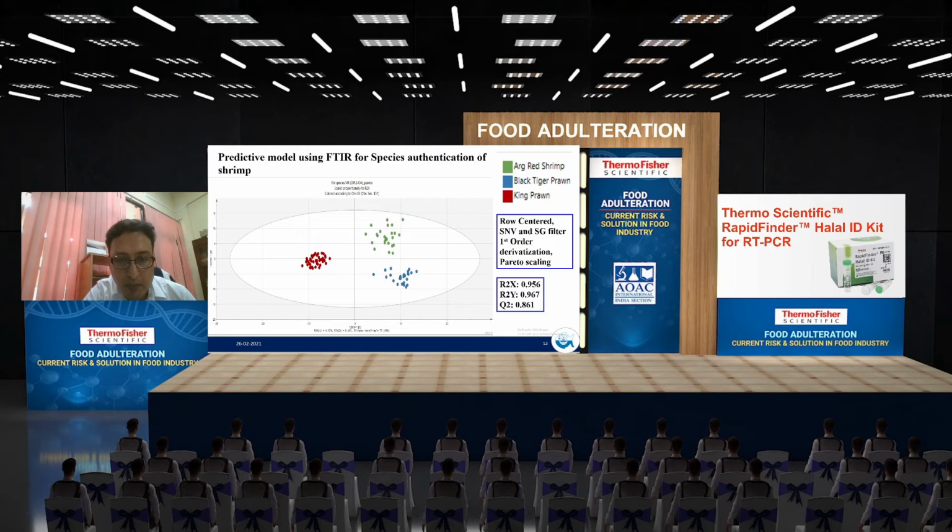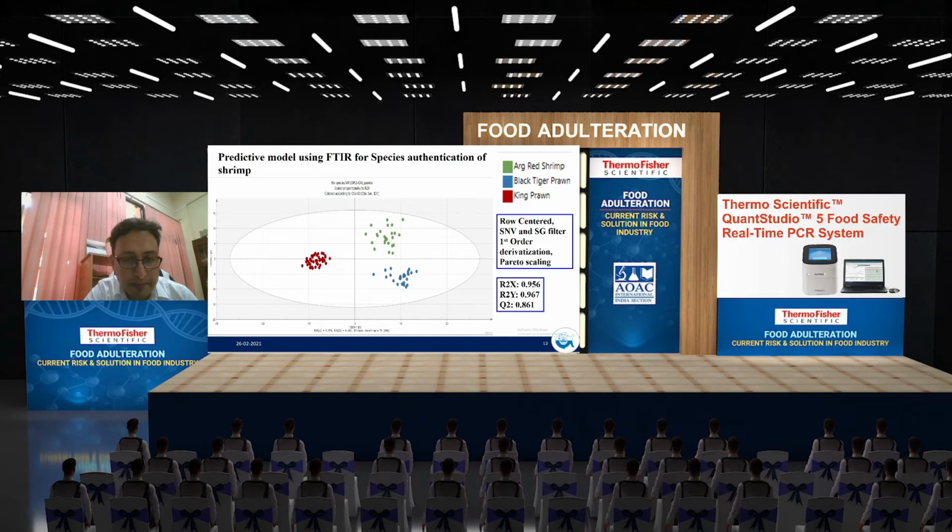And another premium shrimp from South America, the Argentine red shrimp. In this predictive model, we could get a prediction capability as good as 86%. You can see a clear clustering of these three types of shrimp. So can I have the next slide, please?